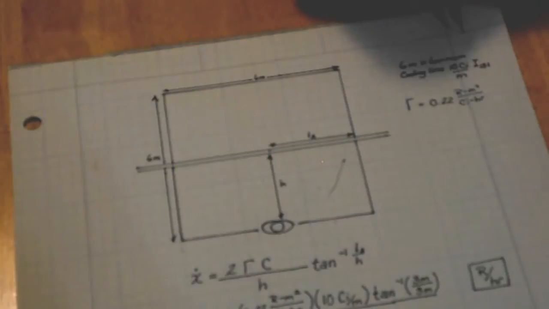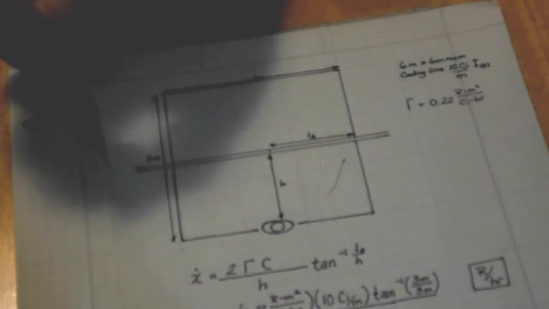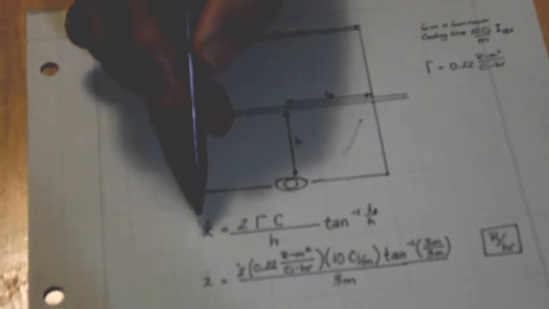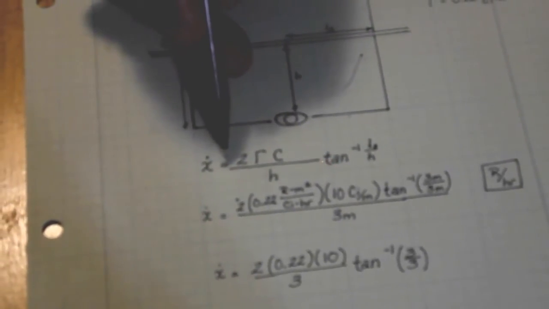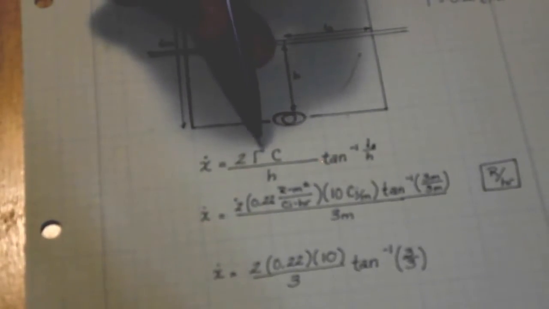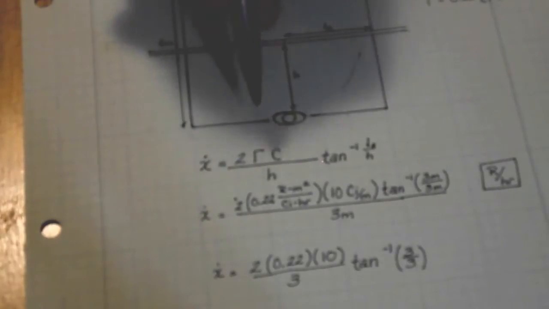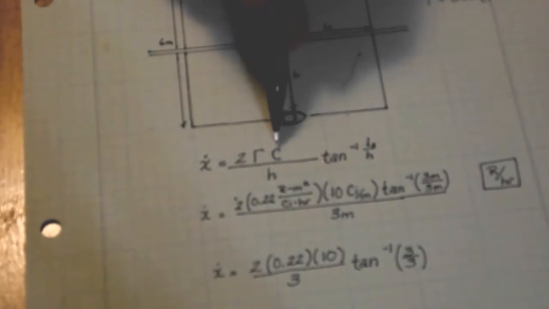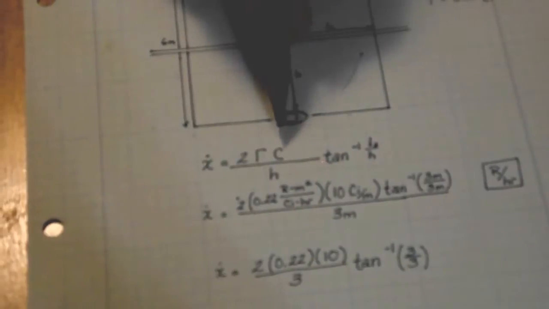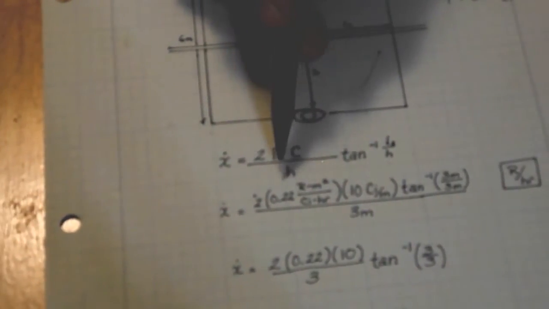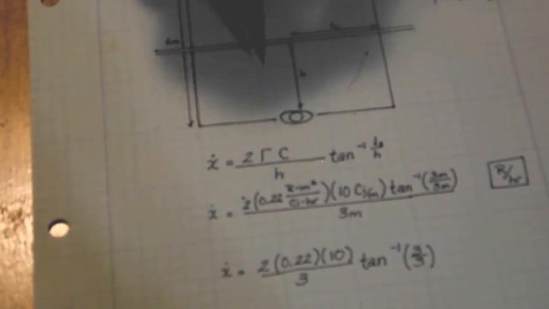Now, the way we use it in this particular problem is this formula here, where x dot, the exposure rate, is equal to 2 times the gamma constant times the concentration of radioactive material in the line, divided by h, which is the distance from the line, the closest point of approach from the line to the person.